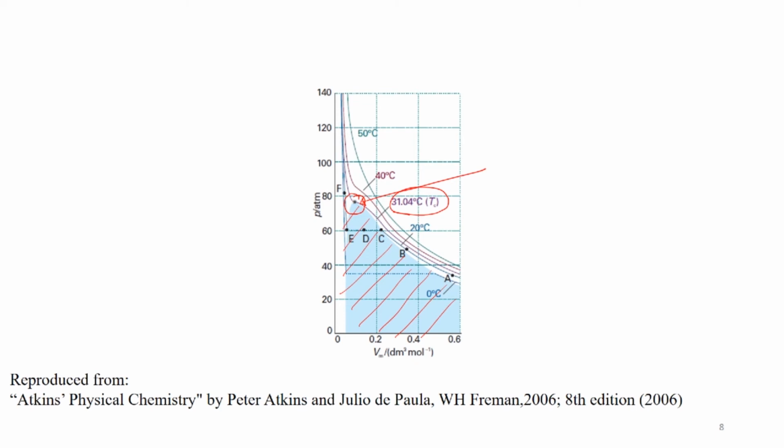Now so far what we have discussed is that for real gases, a departure or a deviation from the ideal behavior is observed, and that was experimentally verified by Amagat by measurement of the compressibility factor, and also by Andrews by measuring the real gas isotherms.